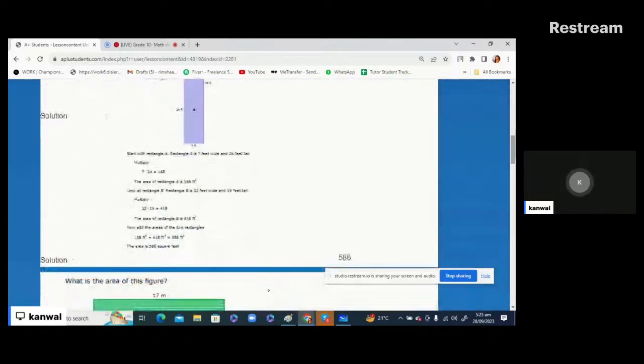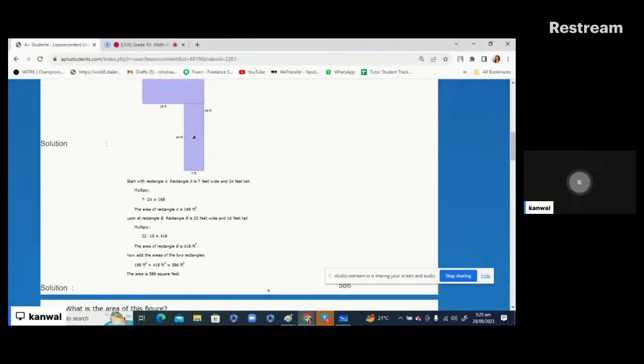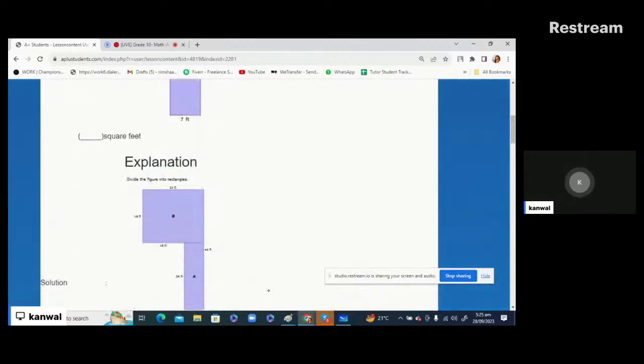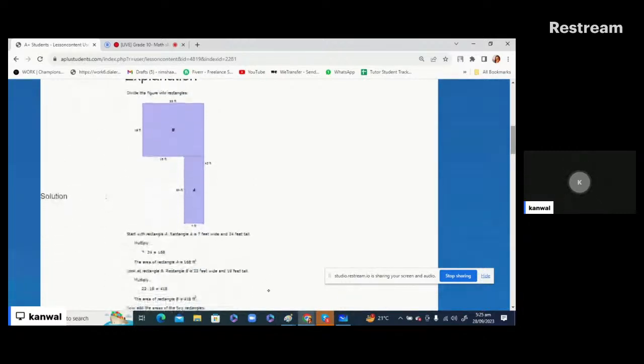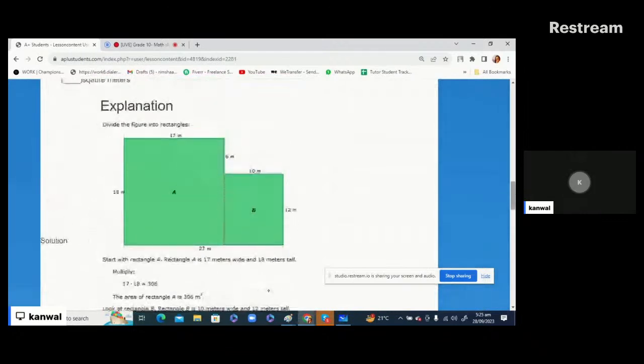So we need to find how to find the area of these complicated shapes. If you want to convert it first into rectangles, we just convert it into small patches. First we find the area of the rectangle, then the area of the square, and then we add them. Just for example.